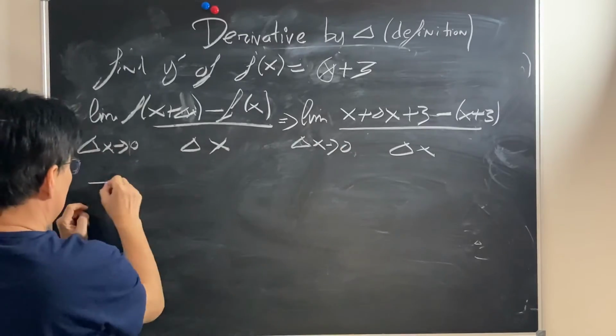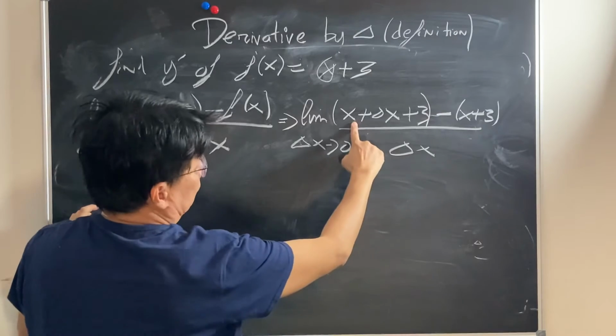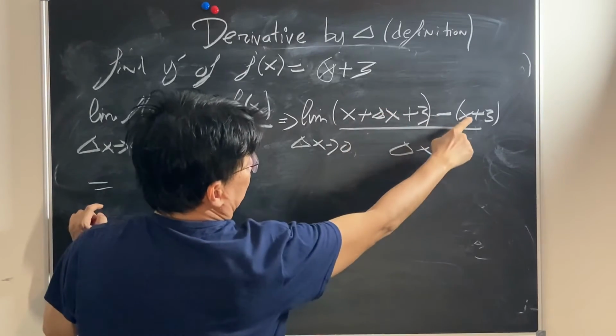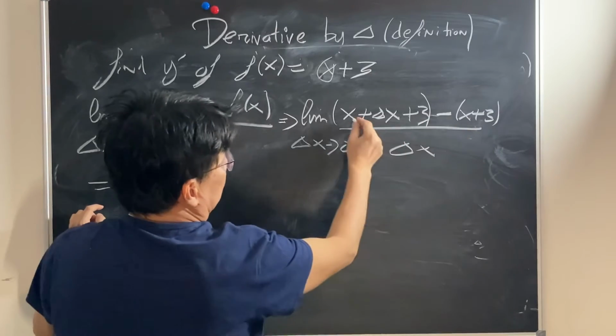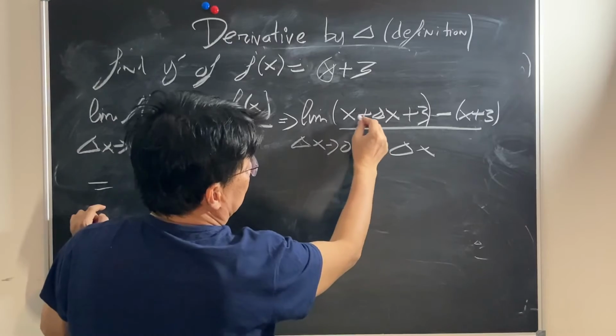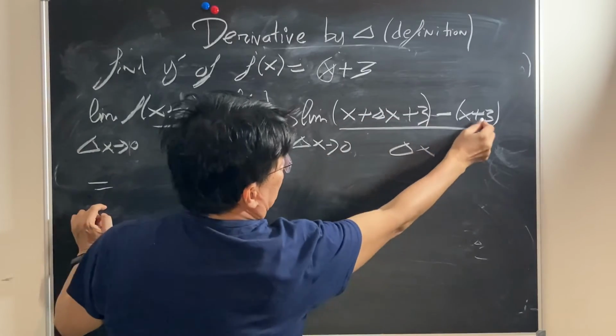Okay, so here we have s plus delta s, right? And this one is f of s. So we eliminate similar terms. You have s plus delta s plus 3, and here is minus s minus 3.